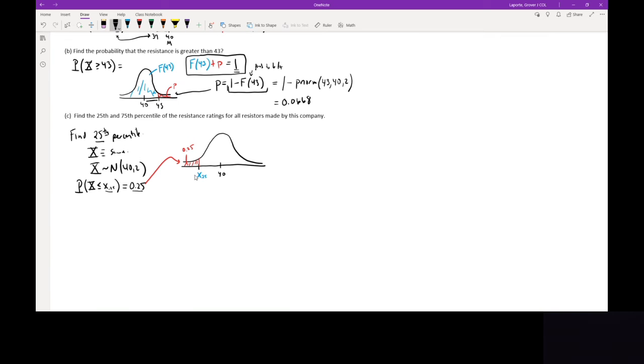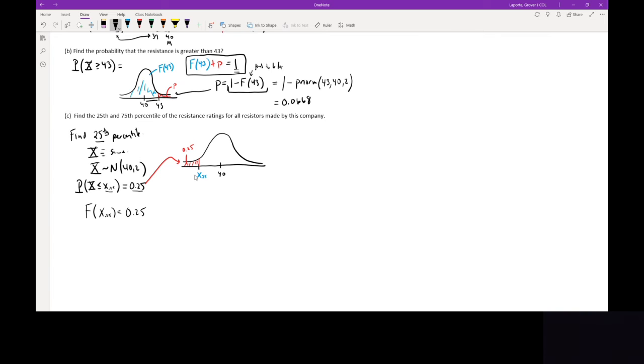So what does that look like in R? A way of doing it would be, if we knew the CDF, we could integrate, or we'd use the CDF, right? So another way to say it is, I'm looking for x sub 0.25 such that the CDF equals 0.25, and we'd solve for that.